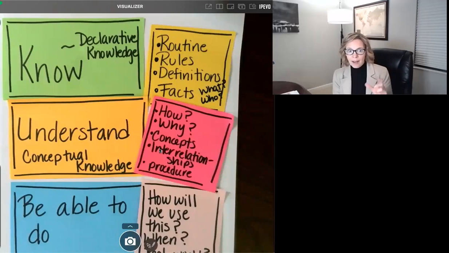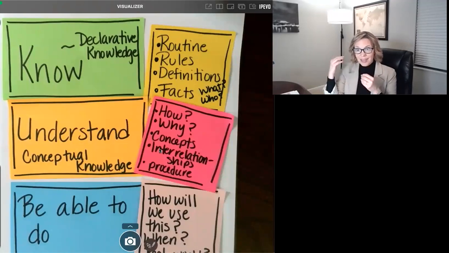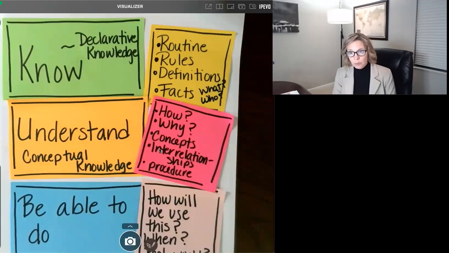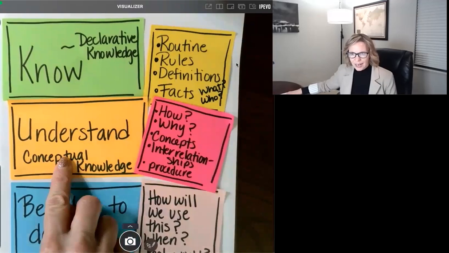So they need to have a strong understanding of what the text is asking them to do and the thinking that they need to be able to do to navigate that text, to comprehend that text. So when I think about conceptual learning, those are some examples of what conceptual learning looks like in math or looks like in ELA.